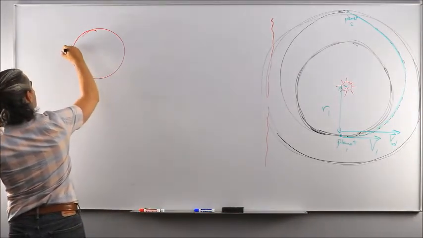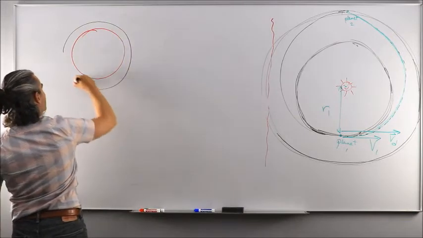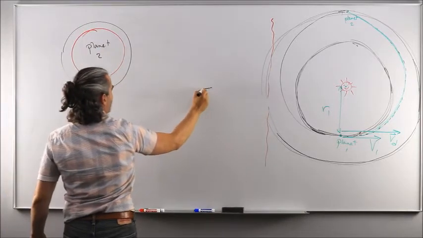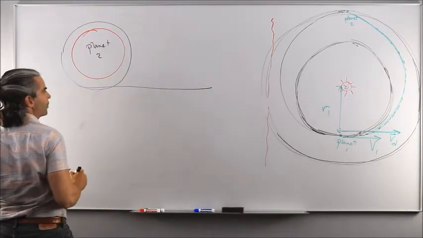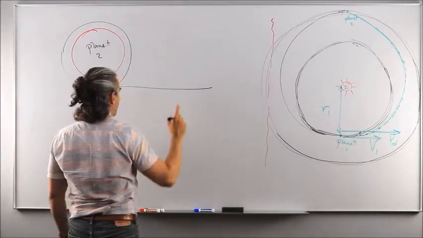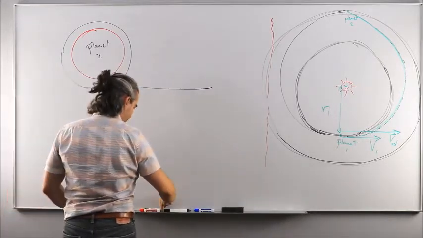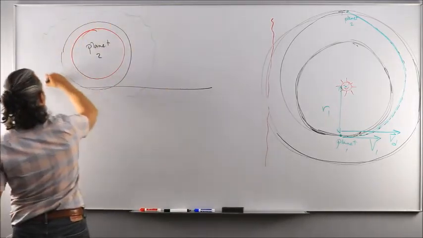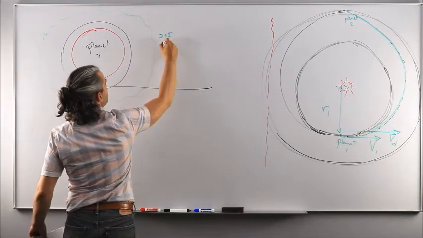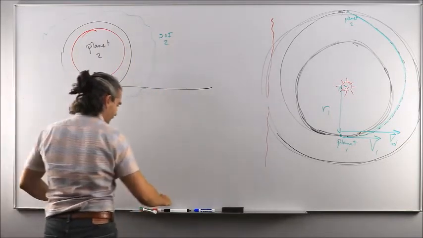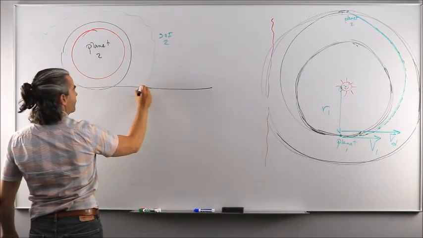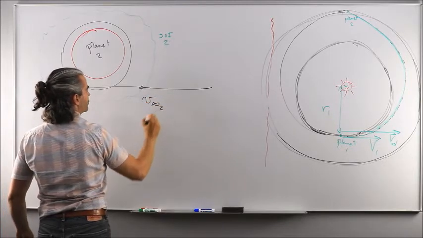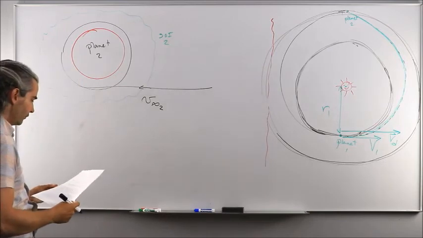If the objective is to put yourself onto a circular capture orbit around planet 2, you will arrive along a hyperbolic trajectory with respect to the planet, and you will enter the sphere of influence of planet 2 with some velocity that we're going to denote V infinity, this time with respect to planet 2. Okay?